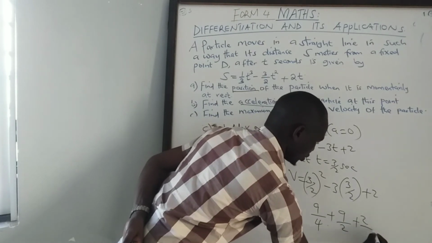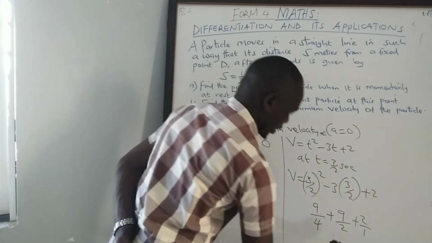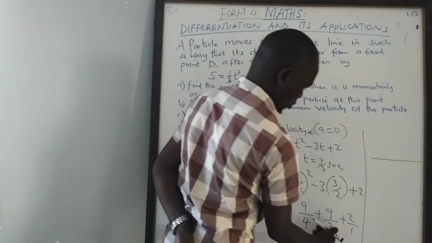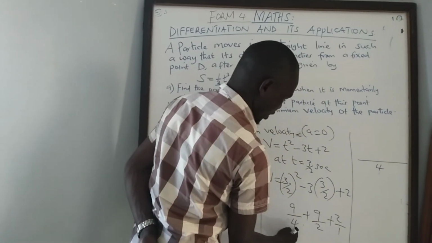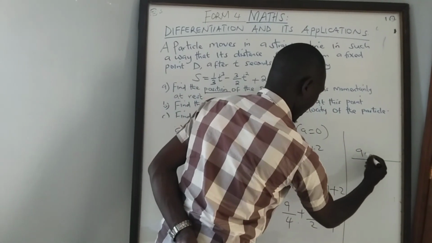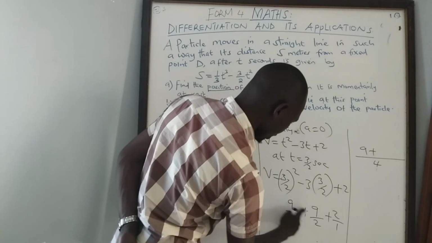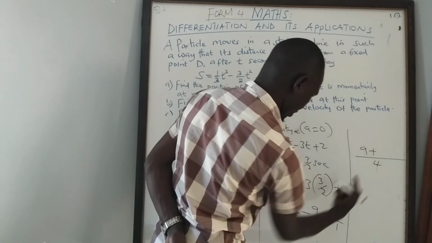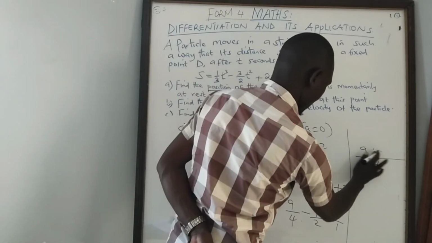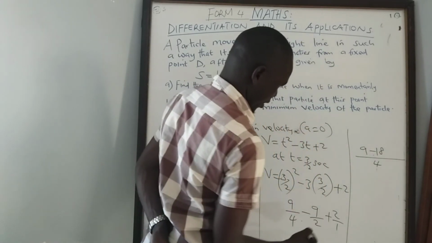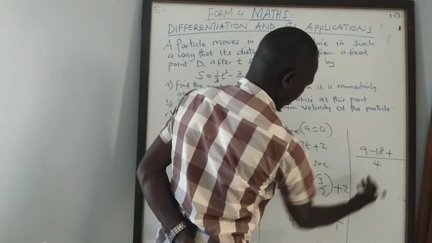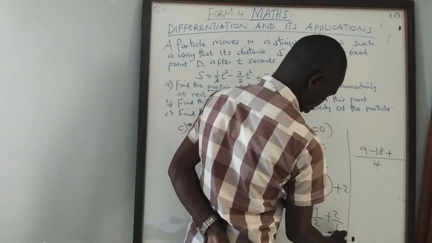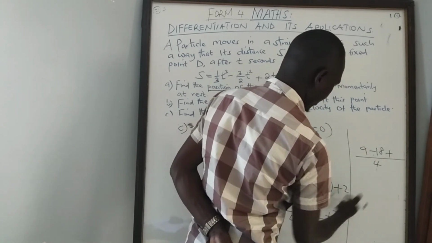We can write this as a fraction, then from there we take the LCM, and the LCM of 4, 2 and 1 is 4. 4 goes into itself once, times 9 we have 9, then minus, because of the sign, 2 goes into 4 two times, then 2 times 9 will give us minus 18, then plus 2, 1 goes into 4 four times, then 4 times 2 will give us 8.